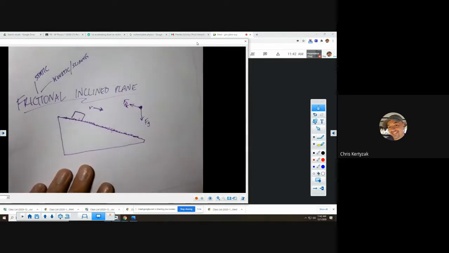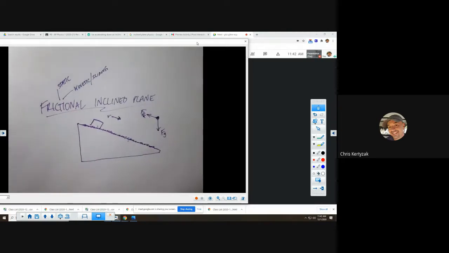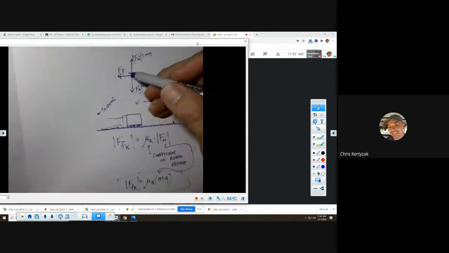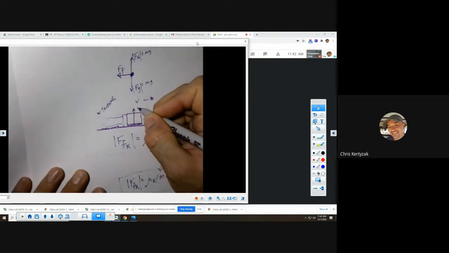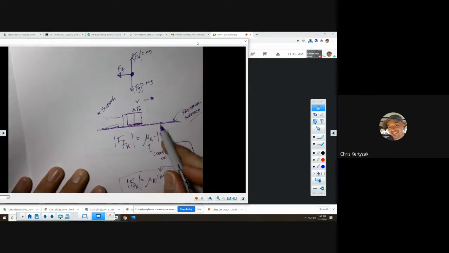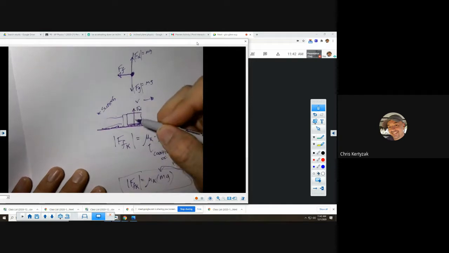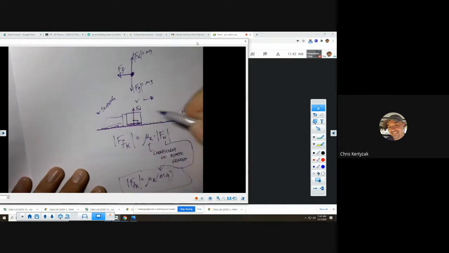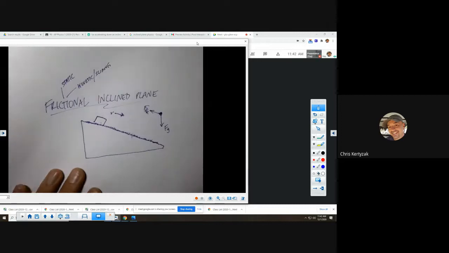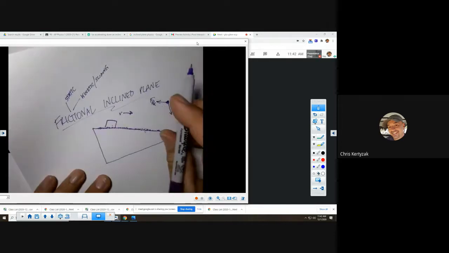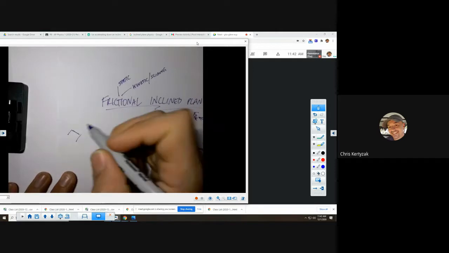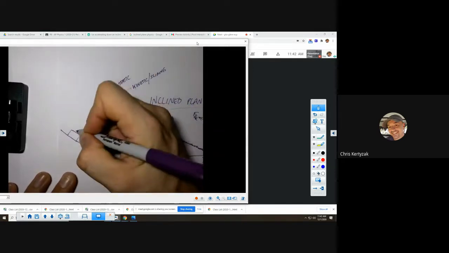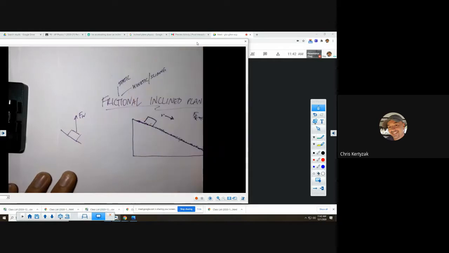And then, again, as was the case before, remember, the normal force is always perpendicular to the surface. So the surface goes this way, and the normal force is perpendicular to that. This is always 90 degrees to the surface, right? A common mistake for students in this scenario is drawing the normal force straight up, because they think it's always up.